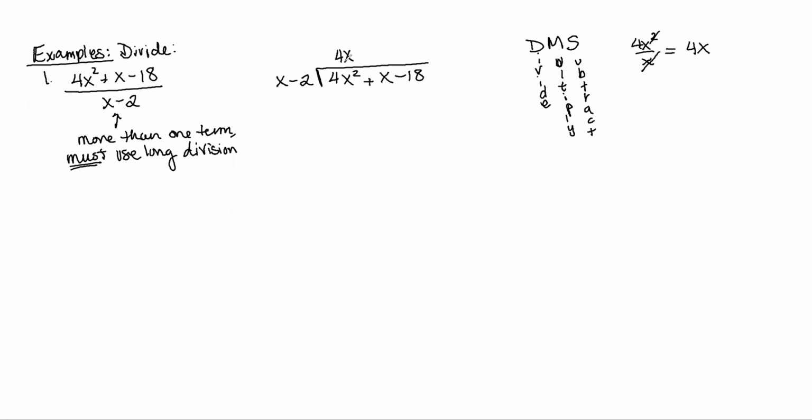So as our divide, then we're going to multiply, and we want to distribute it to both of these terms. So 4x times x, 4x squared. These should always match. If they don't, either check your division or check your multiplication. And then 4x times negative 2 is negative 8x. And now remember, when we subtract, we're subtracting this whole thing.